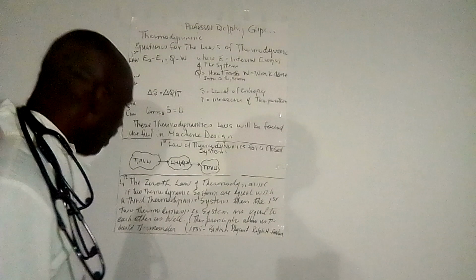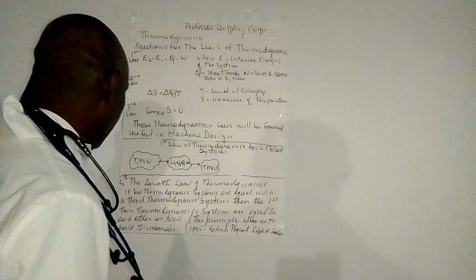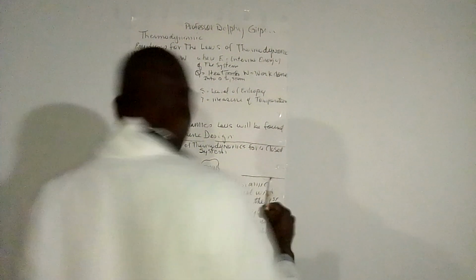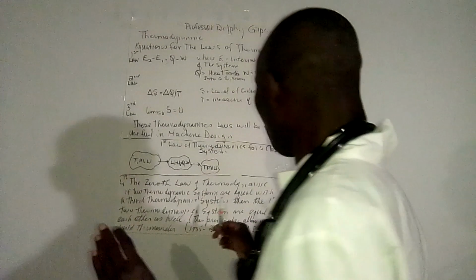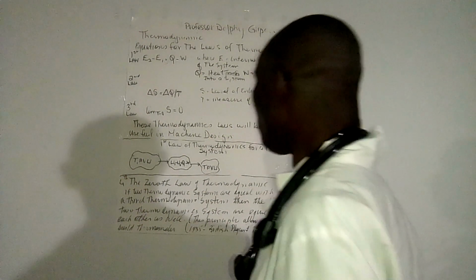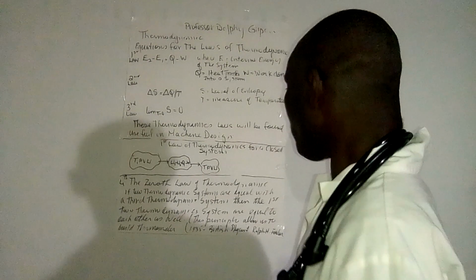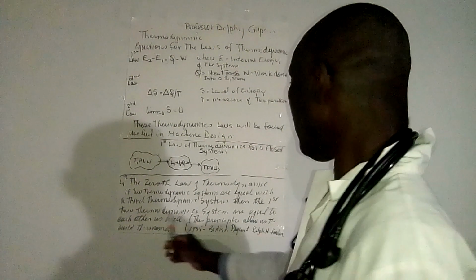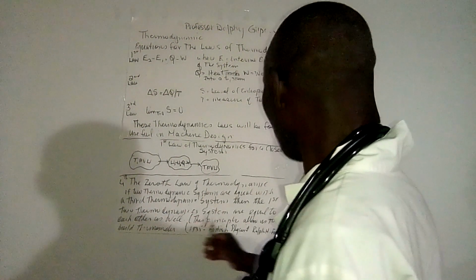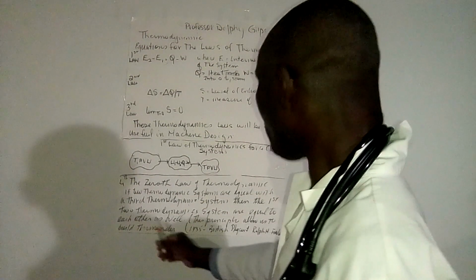Okay, we now come to the fourth law, called the Zeroth law of thermodynamics. It states in general that if two thermodynamic systems are each equal with respect to a third thermodynamic system, then the two thermodynamic systems are equal to each other as well.